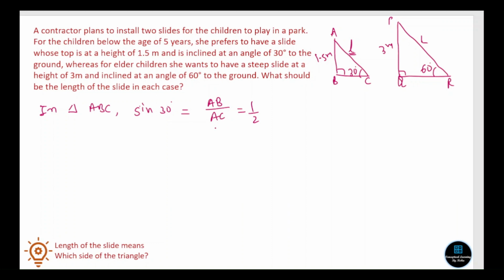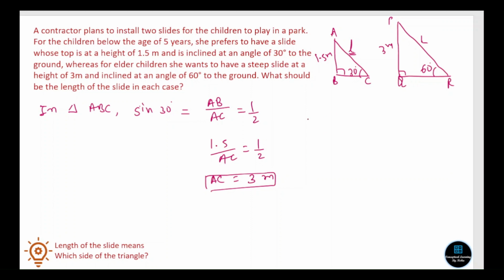Now I want to find AC, and AB is given to us. So 1.5 upon AC is equal to 1 half. AC is equal to 2 times 1.5, which is 3 meter. So the length of this slide for younger children is 3 meter.